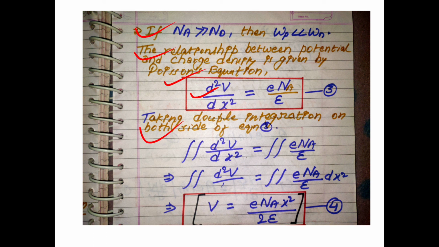Now taking the double integration on equation number 3, this is our equation number 3, we are going to obtain equation number 4, which is V = q Na x² / 2 epsilon.